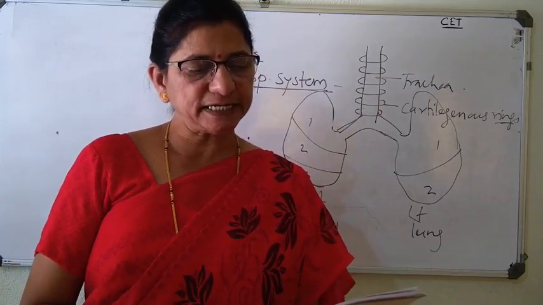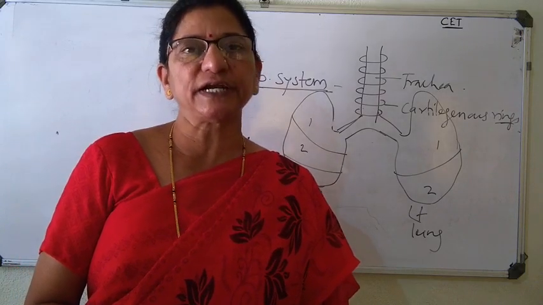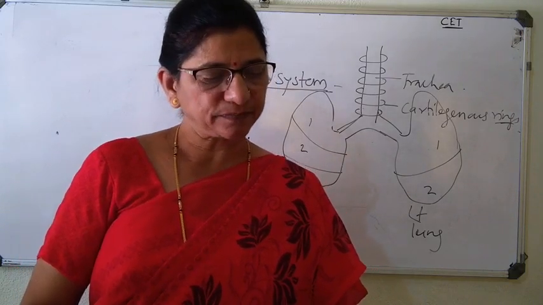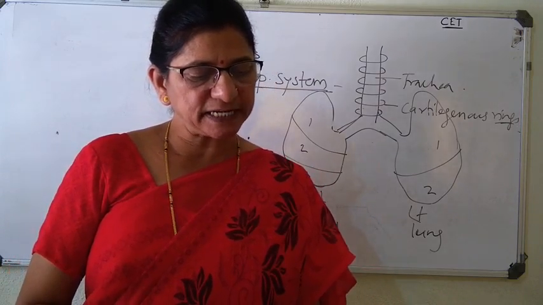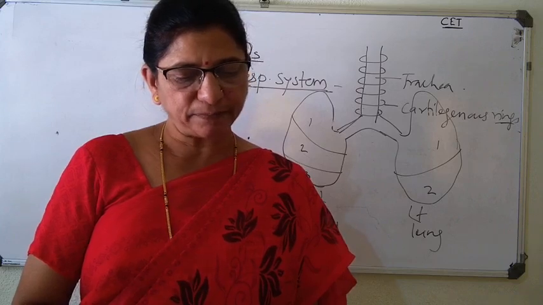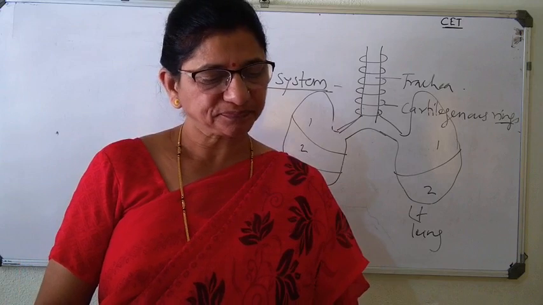So the correct answer is trachea is related with respiration, whereas fallopian tube is related with reproduction. Which is the common passage in swallowing food and breathing? Now you are clear, pharynx.